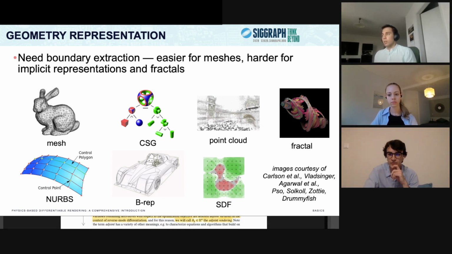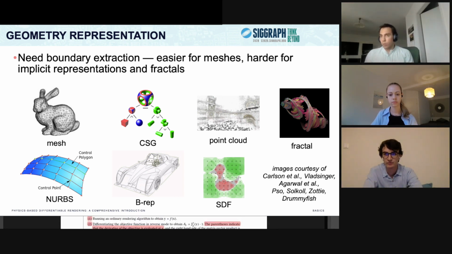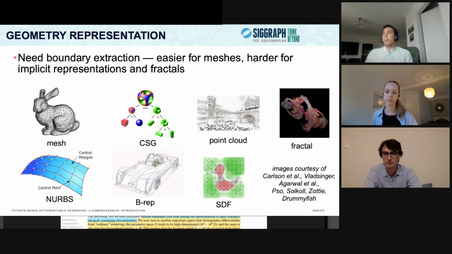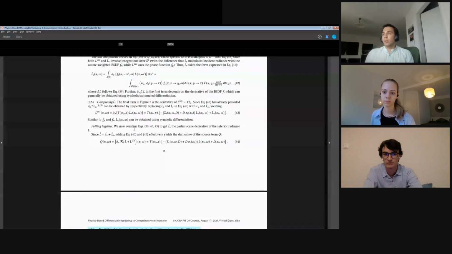So I guess the main difference, especially in the physics-based differentiable rendering part, is that we try to solve the integrals using Monte Carlo rendering, where our approach is consistent and unbiased.